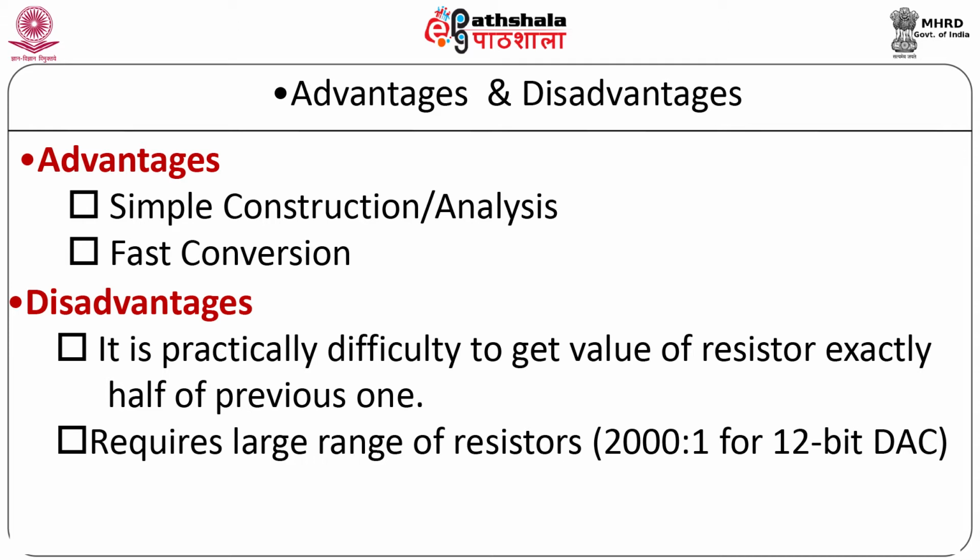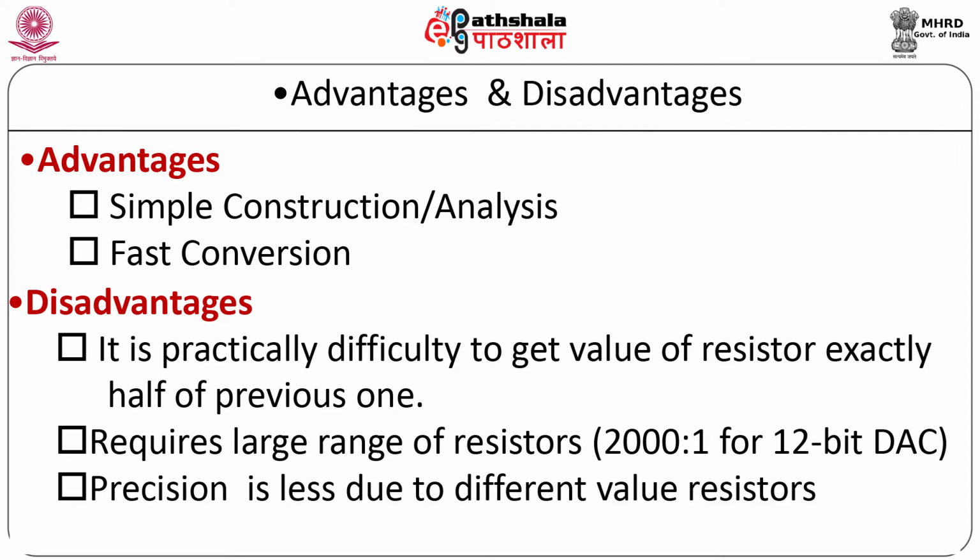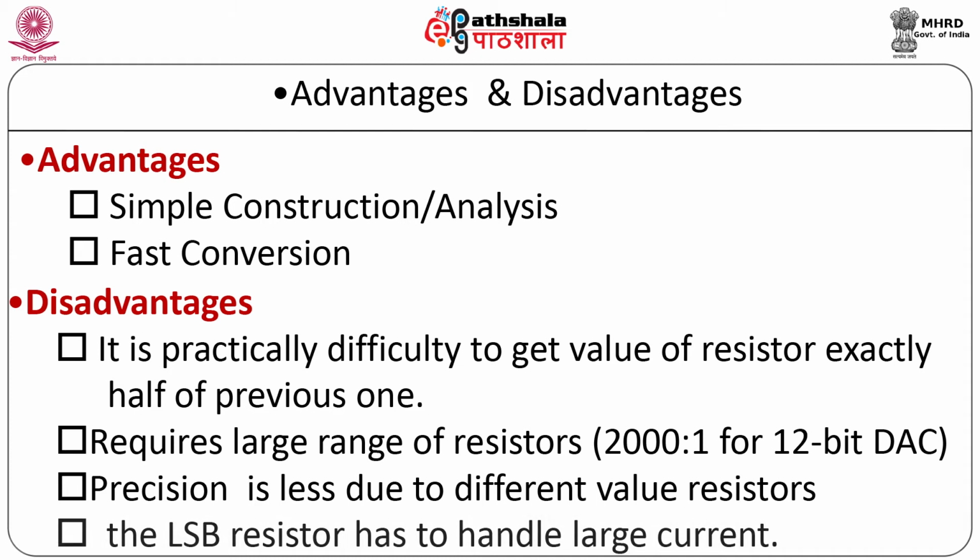Naturally this method has less precision due to different values of resistors. Since the MSB resistor has to handle large current, there is a restriction while choosing the value of the MSB resistor, since this resistor has to handle large power.